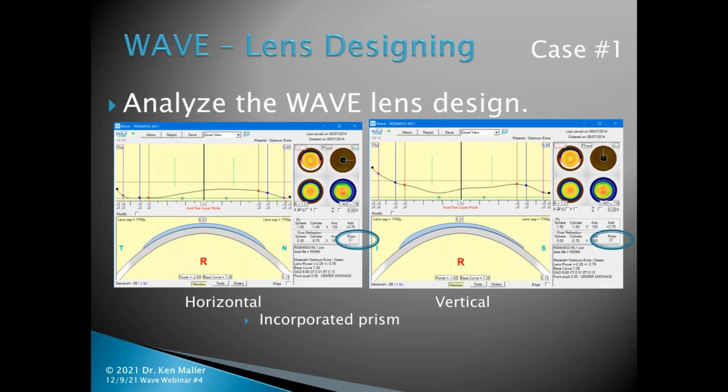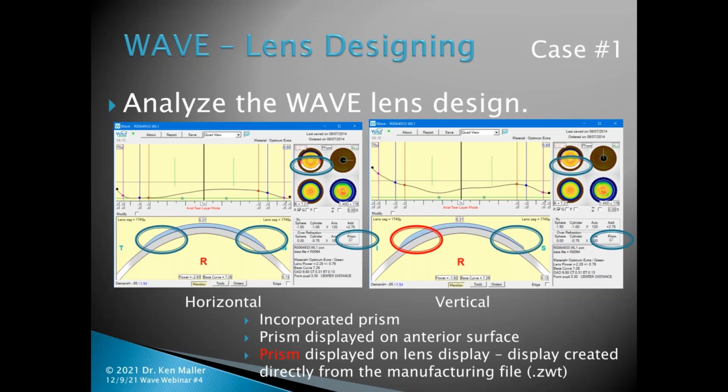Now, because we've incorporated prism, we can actually see that on that upper left graphic in the quad display, which is the interior surface, and you could see that white arc that's in the lower half of that lens. And that actually is the prism that's incorporated into this lens. Now, prism, when it's incorporated, thickens up the lens. And down on the bottom, we see that we have a lens-cornea relationship.